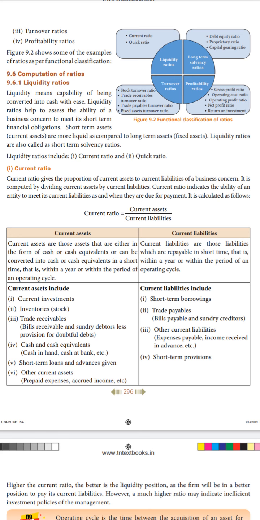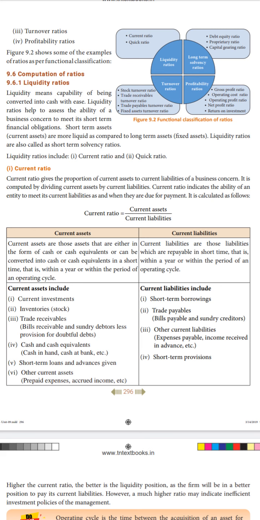For this, we must know which accounts come under current assets and which come under current liabilities. In the balance sheet we have all types of assets like current assets, fixed assets, and other preliminary expenses. Likewise, in liabilities you have all types of liabilities like debentures, sundry creditors, bills payable, capital, everything.